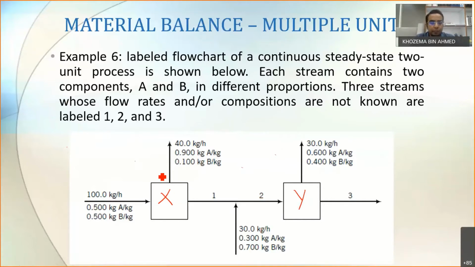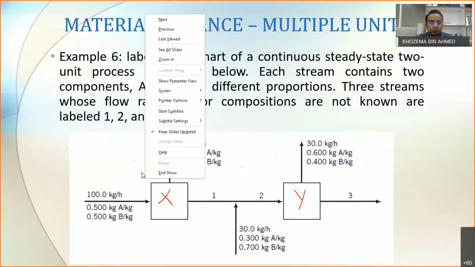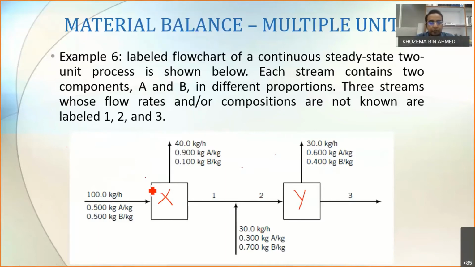First of all, we have to define our system. If you remember our previous classes, the system is whatever you define to be a system, as long as you put a boundary around it. So I can say this X unit is my first system.